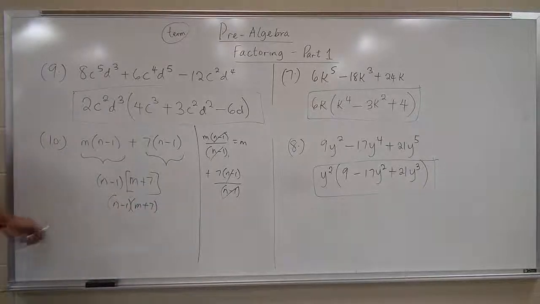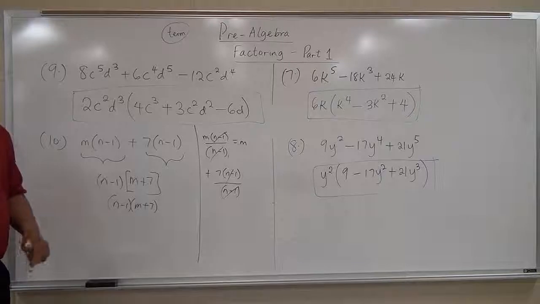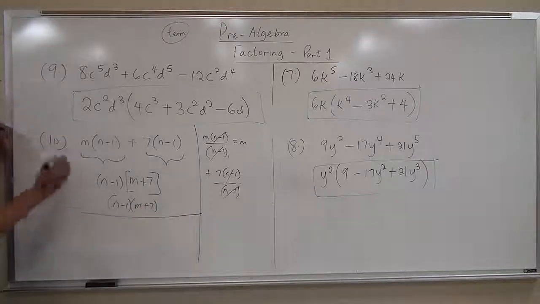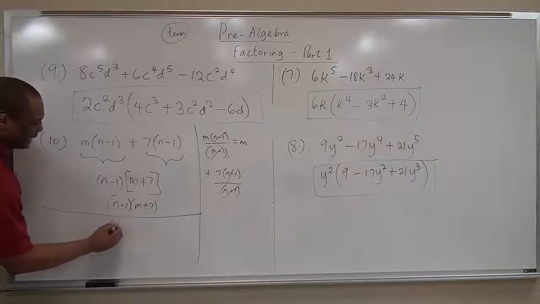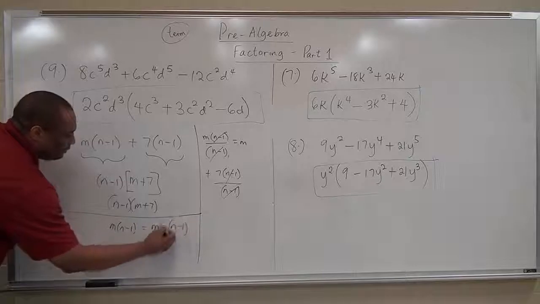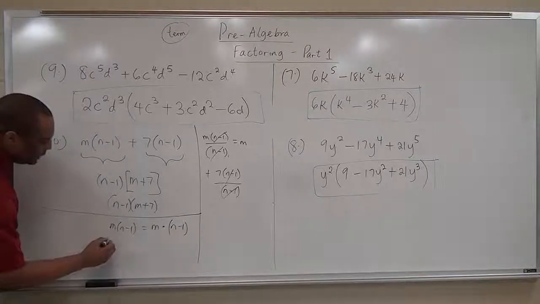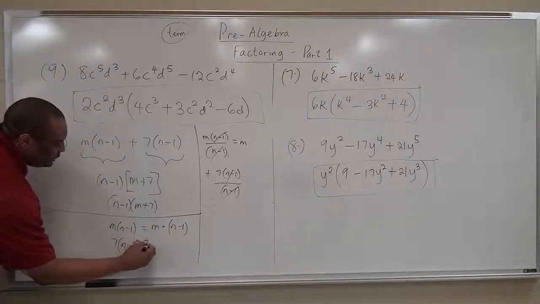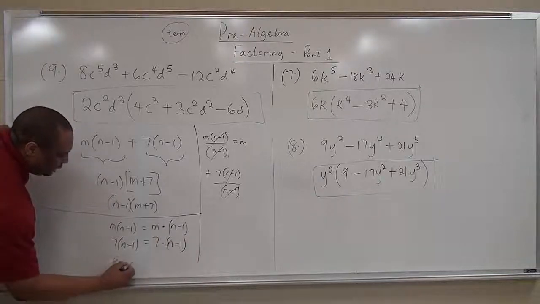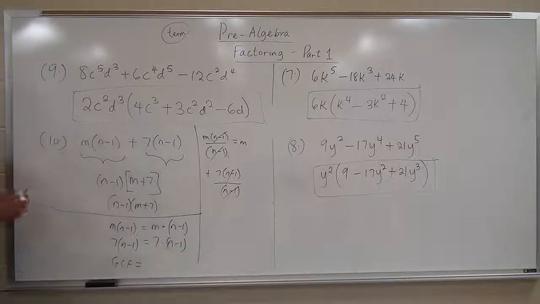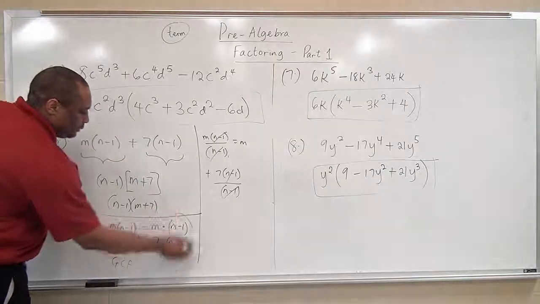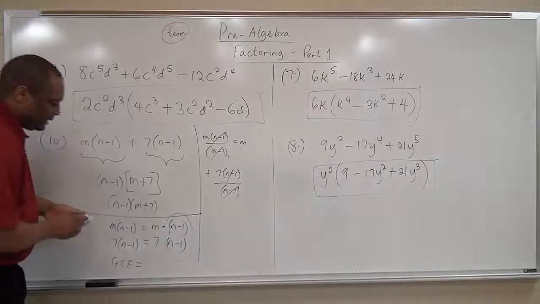If you don't like it this way, see another way that I like. You can write it as m times (n minus 1), plus 7 times (n minus 1), to see the GCF. The common factor, the GCF, is n minus 1.